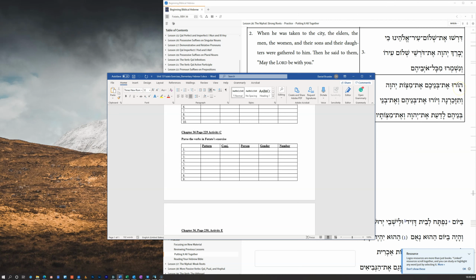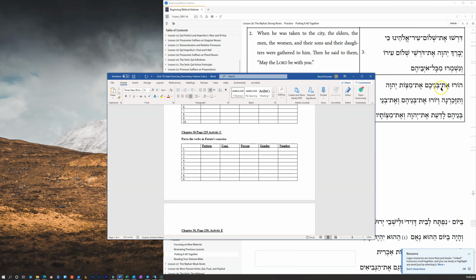So my gut tells me this is perfect. I'm going to translate it that way, see how it sounds, and then play with it if I need to. So if this is Niphal perfect 3CP, this would be they taught your sons.